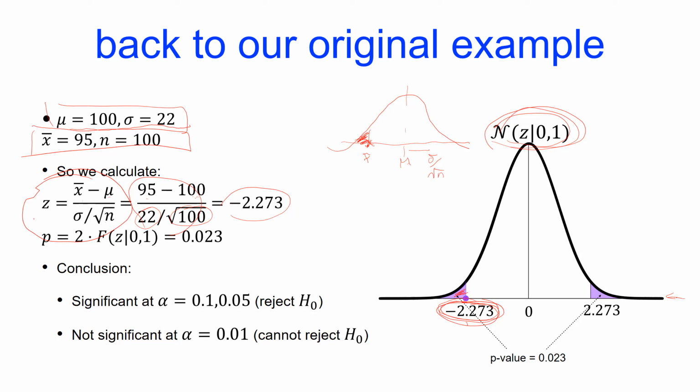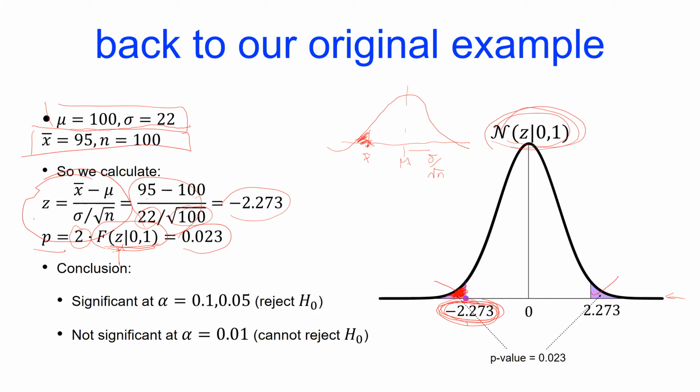So in order to compare, you need to calculate the size of this purple region. To do that, we first compute the CDF value of this z point, to find the size of this region. After computing that, since this side is symmetric, we use 2 times that. We will get a value, which is our p-value.